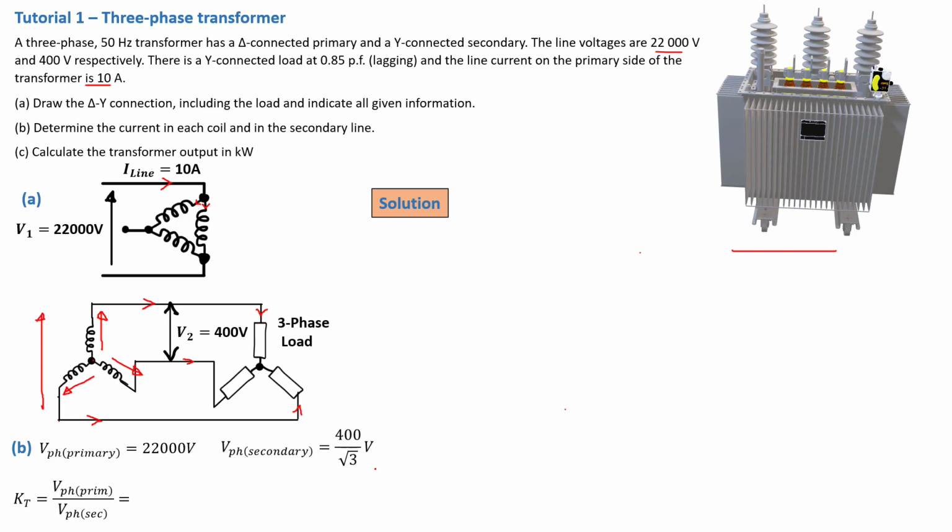Based on that, we can then calculate our KT by doing V phase primary divided by V phase secondary. V phase primary is 22,000 and V phase secondary is 400 divided by the square root of 3, and that gives us 95.26. So what does this mean?